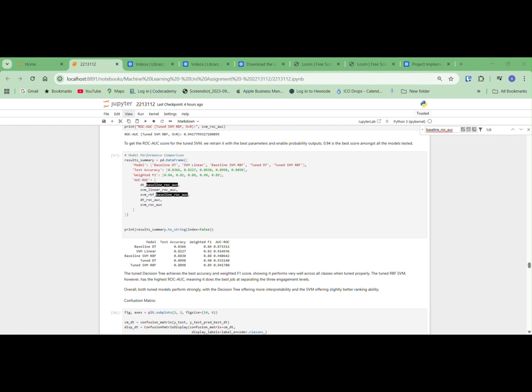The tuned decision tree just about wins the accuracy test with pretty much 90%. It also has the best F1 score at 90%.